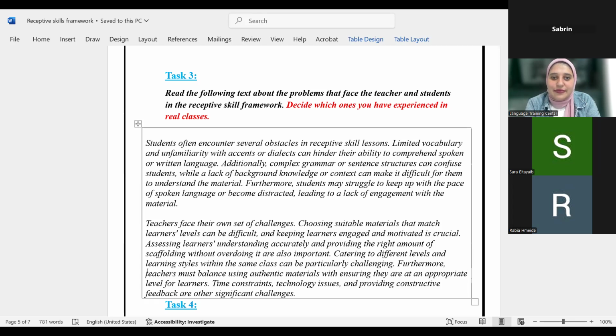In high grades, sometimes in reading texts, they face some grammar that they didn't study before. So does this hinder their understanding of the text? Yeah, maybe. So how can you solve this?